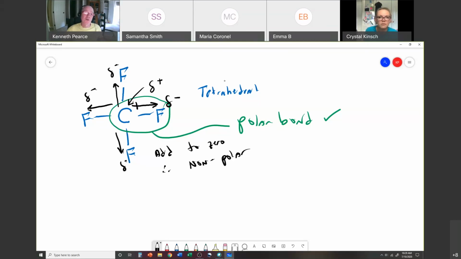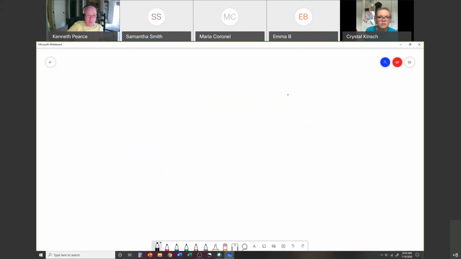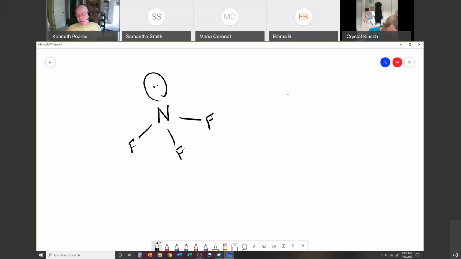All right, now let's take a look at another molecule here. Let's take a look at this guy right here. I love fluorine because it's very electronegative. And if you were to draw it correctly, you would say electron domain geometry is what? Tetrahedral, and the molecular geometry is trigonal pyramidal.